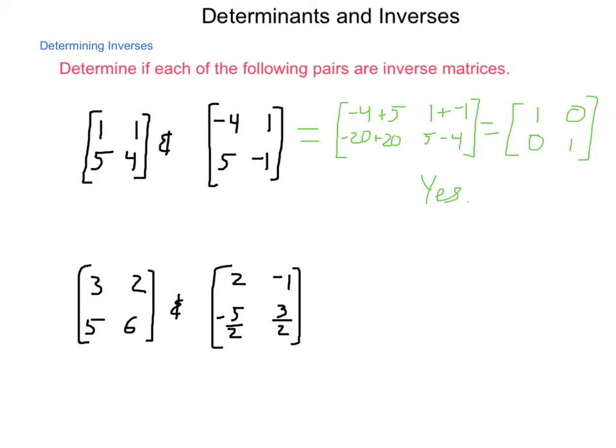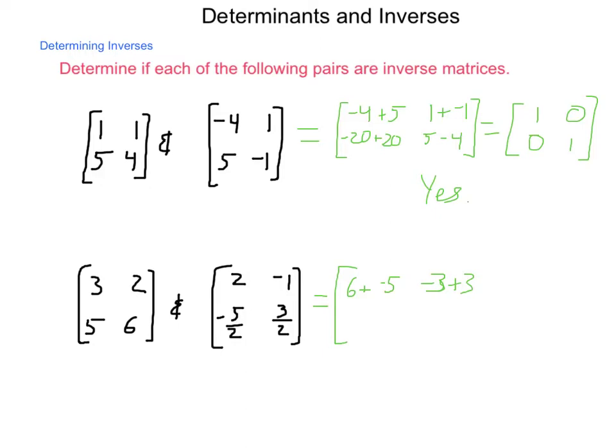Let's try our next set. 3, 2, 5, and 6 multiplied by 2, negative 1, negative 5 halves, 3 halves. Going through and multiplying the same as before, 3 times 2 is 6, plus 2 times the negative 5 halves is a negative 5. Row 1, column 2, 3 times negative 1 is negative 3, 2 times 3 halves is a positive 3.